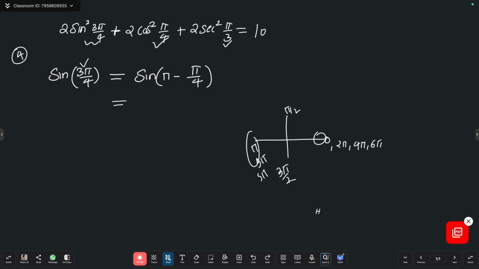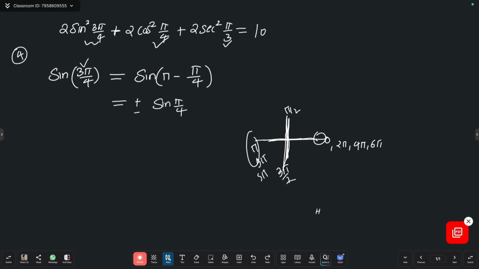So remember, whenever your angle is on this line, the ratio does not change. If your angle is on the vertical line, the ratio changes. Why does the ratio change? Because it follows that law, odd multiple of pi by 2: 1 into pi by 2, then 5 into pi by 2, like that. So pi means horizontal line, correct? So the ratio does not change. Sine is sine pi by 4.